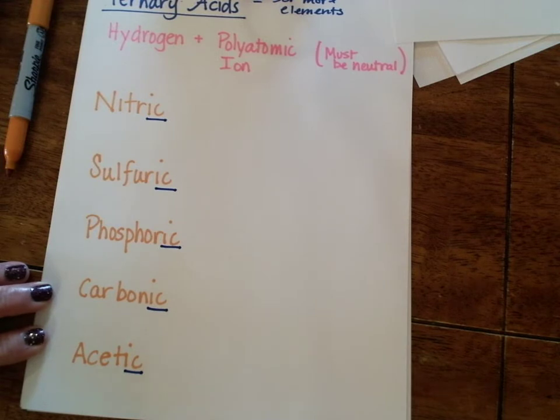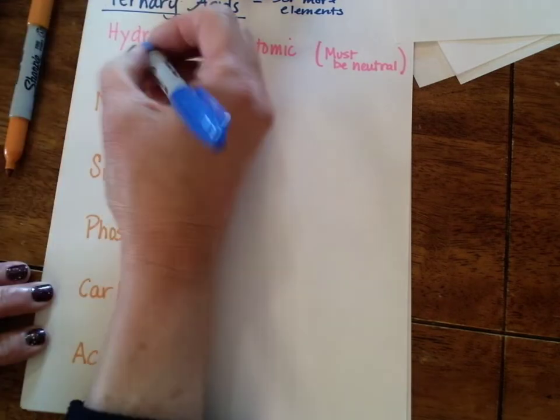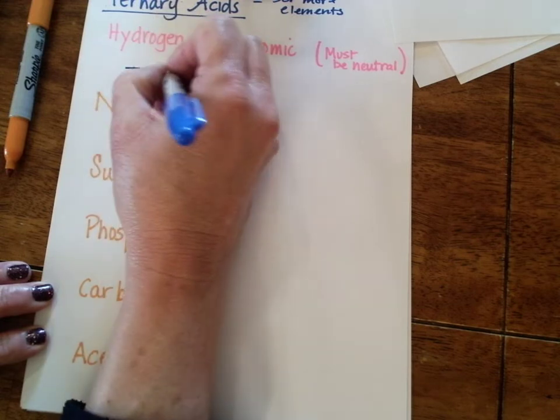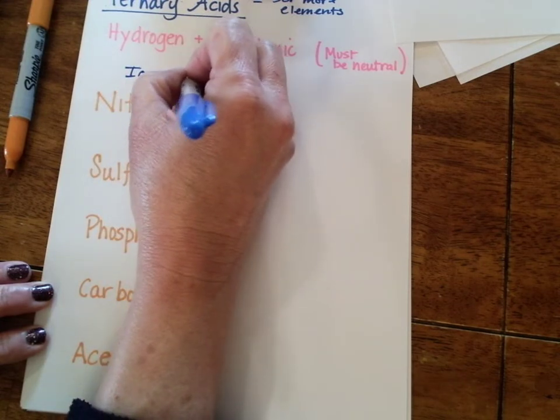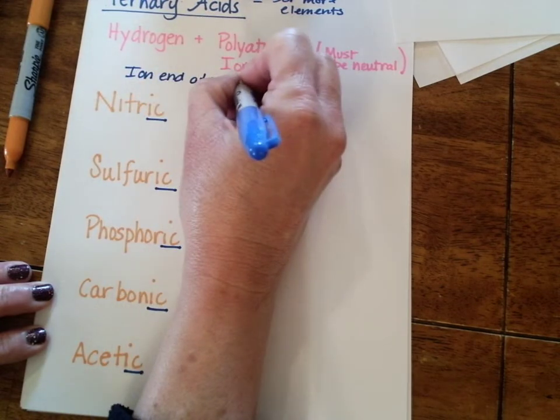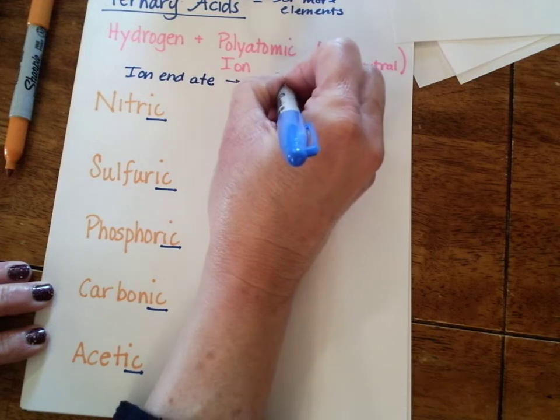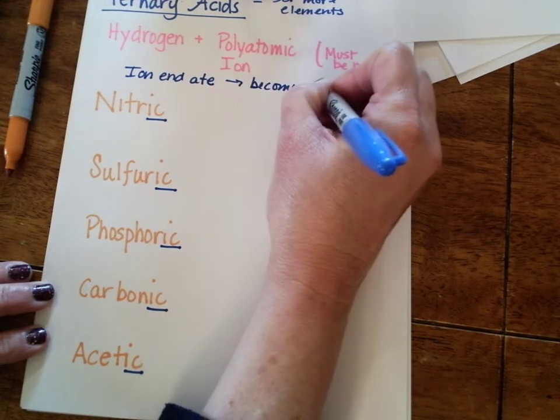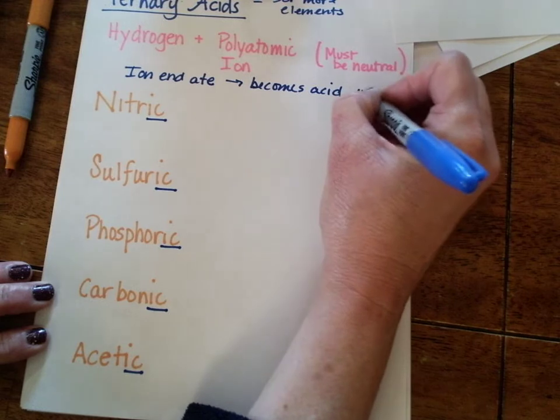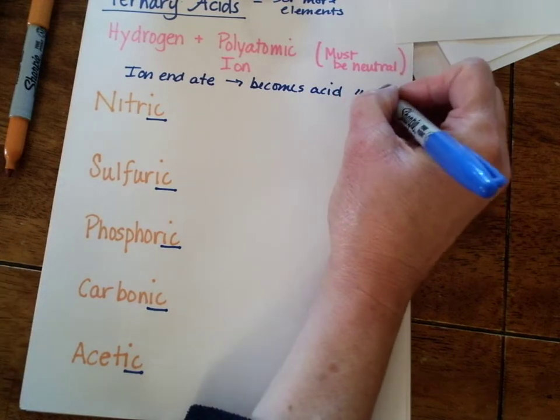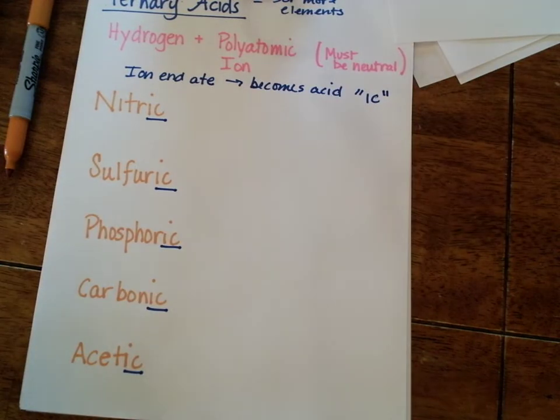And if you remember previously, when we had an ion that ended in ATE, when it becomes an acid, we replace that with ic. So I have to think about these.